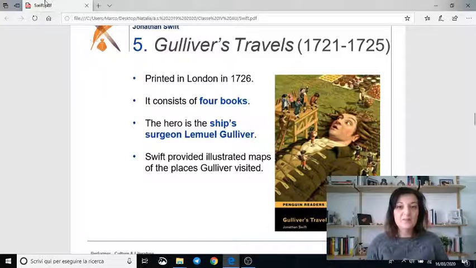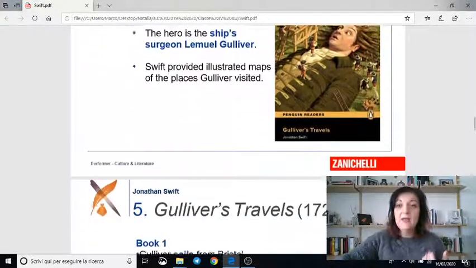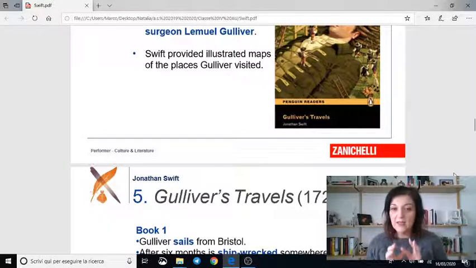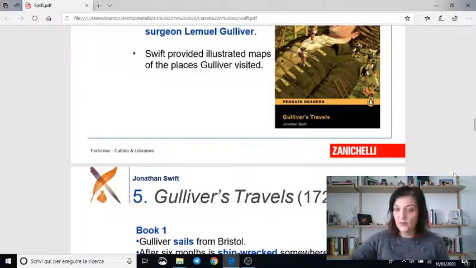They are a product of his fancy, but he provided the readers with the illustrated maps. So in the first edition of the novel, if you open it, you will find these maps of the places which Gulliver visited in his travels. Why? Because, as I have already said, he wanted to make these accounts as realistic as possible.